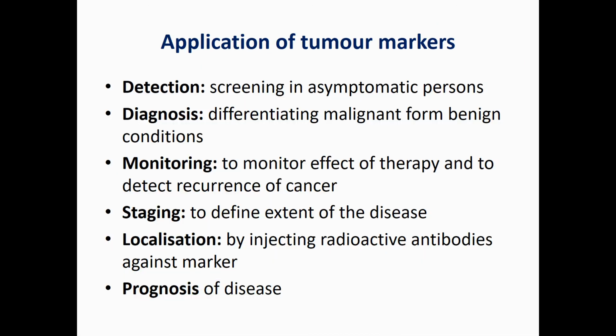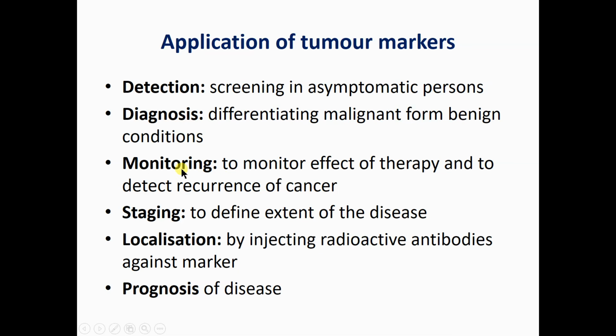What are the applications of the tumor markers? How are they useful? Tumor markers can be useful to detect particular tumors by screening in asymptomatic persons, whether the person may be suffering from a tumor or not. They are also utilized for diagnosis, for differentiating malignant tumors from benign conditions.